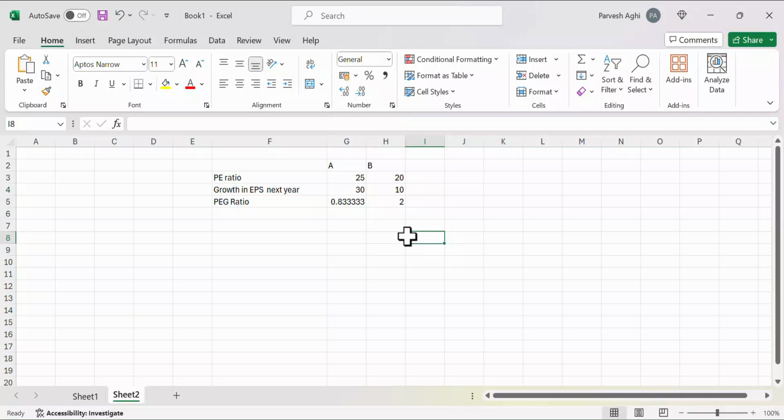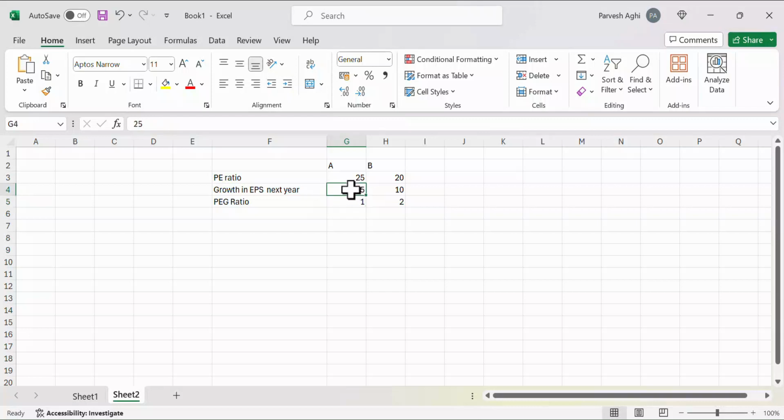Now, first of all, the PEG ratio above 1 means it is overpriced. Below 1 means underpriced. सबसे पहले हम समझ लें कि अगर पैग रेशियो एक है, तो फेयरली प्राइस्ड है. So we say this stock is fairly priced, in line with its growth numbers.